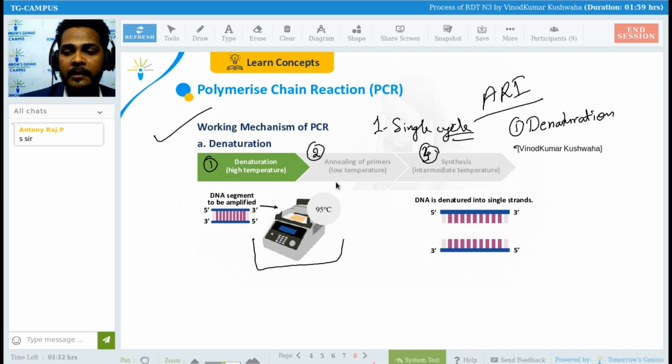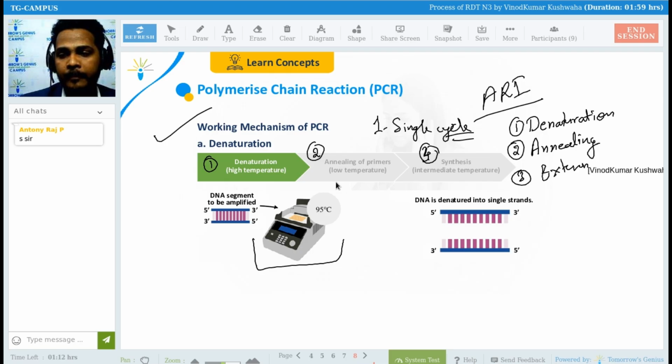First is denaturation, second is annealing, and the third is extension. These are the three important steps: denaturation, annealing, and extension. Clear?